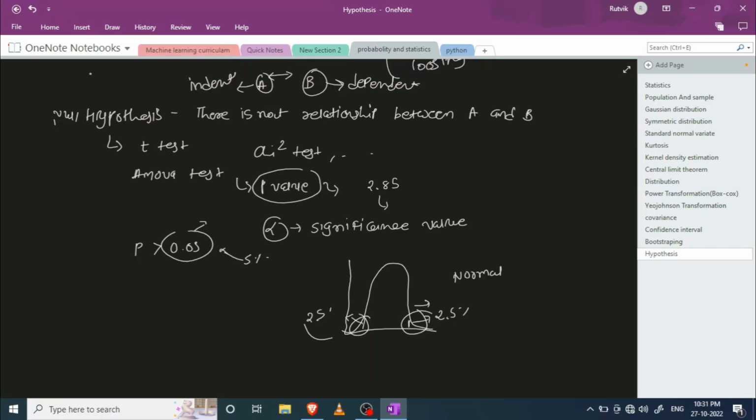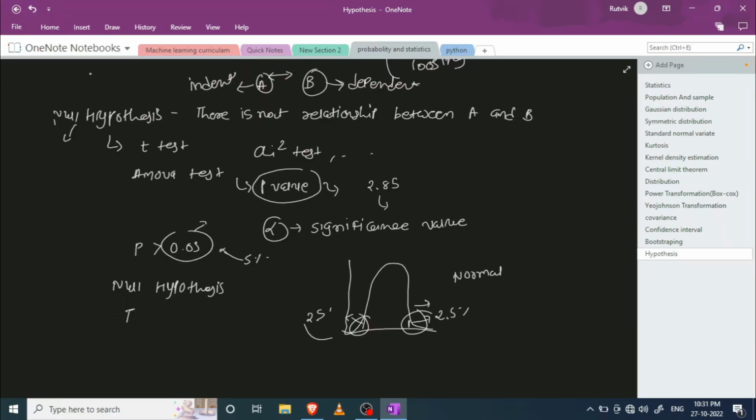If my data or my relationship falls in this region, then I'm going to say my null hypothesis is accepted. What does that mean?